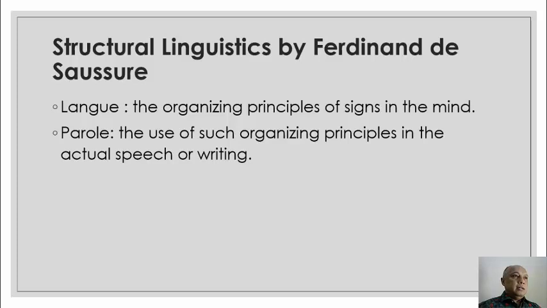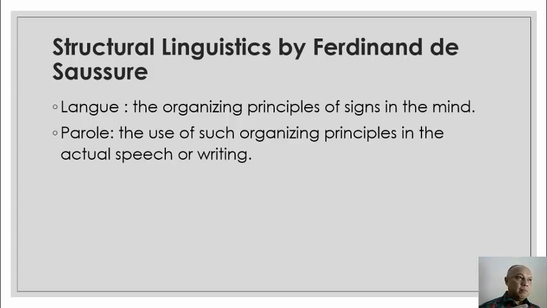Now, another thing about structural linguistics is that Ferdinand de Saussure differentiates langue and parole. Langue is actually the organizing principles of language in the mind. So it's actually the knowledge of language in our mind. That's called langue.